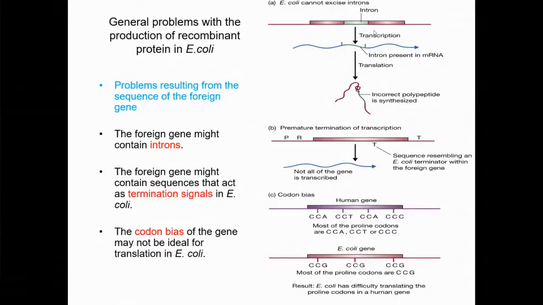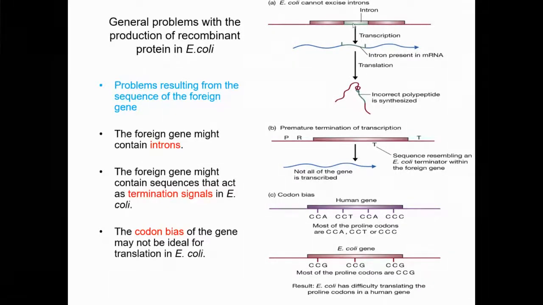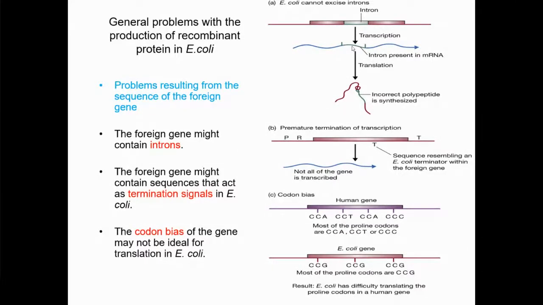If you clone the gene directly, then you might introduce an intron into the system, and the E. coli messenger RNA, then you will not be able to produce the gene you want. In this case, you would use reverse transcription to get the complementary DNA. You would try to clone the cDNA, and so you can eliminate the problem.